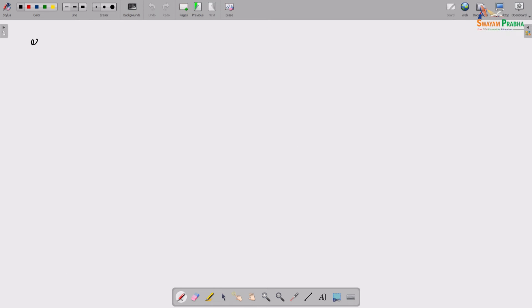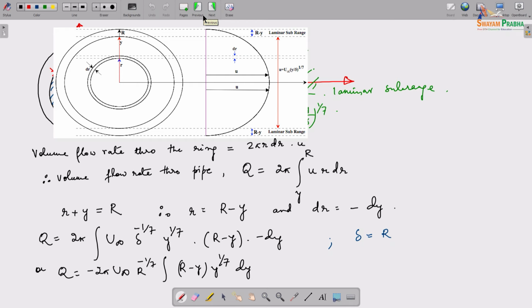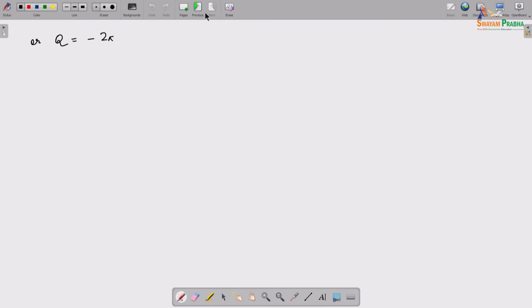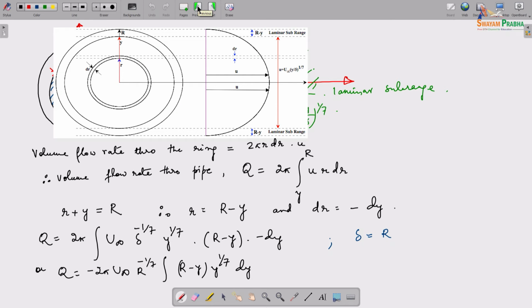So Q is equal to minus 2 pi u infinity R to the power minus 1 by 7, integral of, you see here, R into y to the power 1 by 7, and minus y to the power 8 by 7.